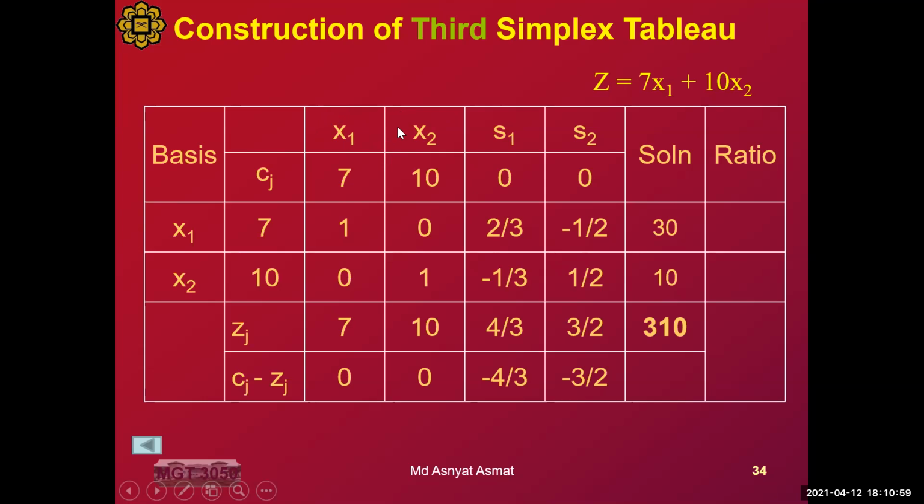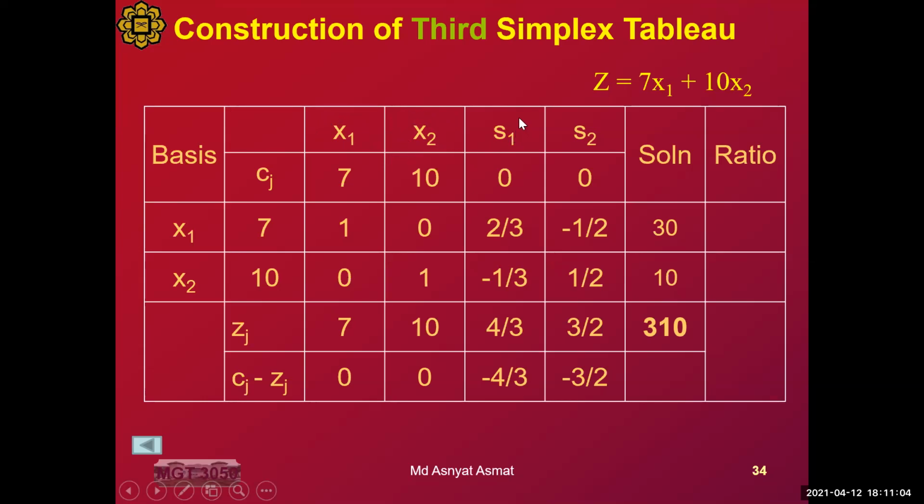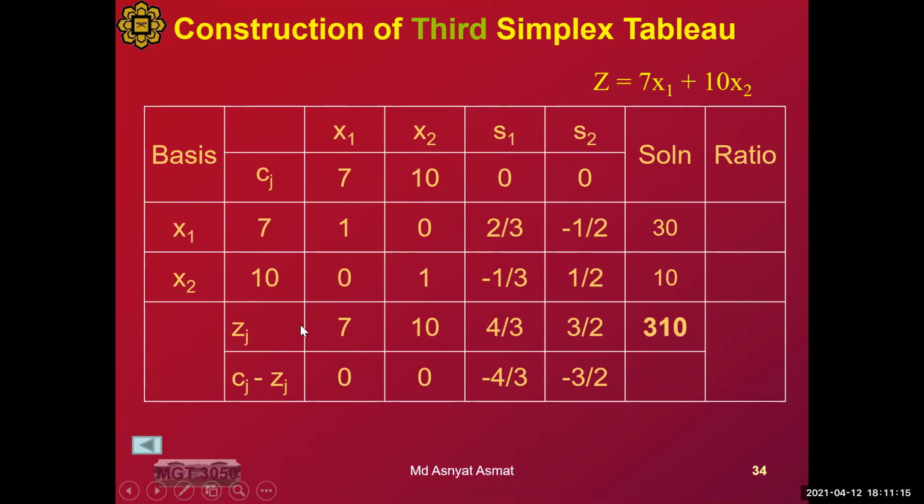X2? 10. S1? 0. S2? 0. The profit? 310. Okay, I repeat.